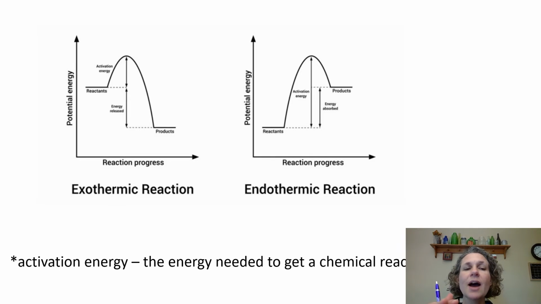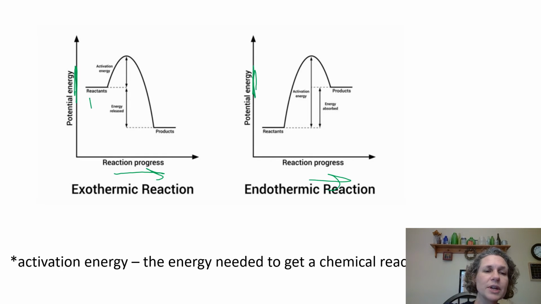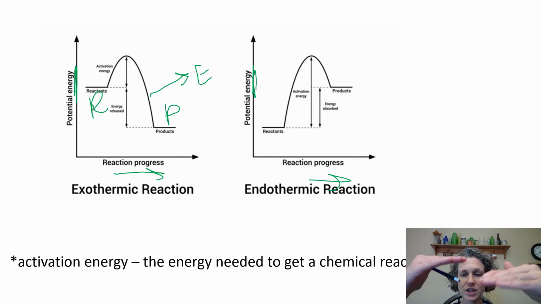Okay, so now these graphs. I know there's a lot going on there, but they show what is happening energy-wise. Energy is on the y-axis, and the bottom is just kind of time. You start here with the reactants. In exothermic, I start my reactants at a fairly high energy level, and by the time I get to my products, it's lower, which means that energy has been released.